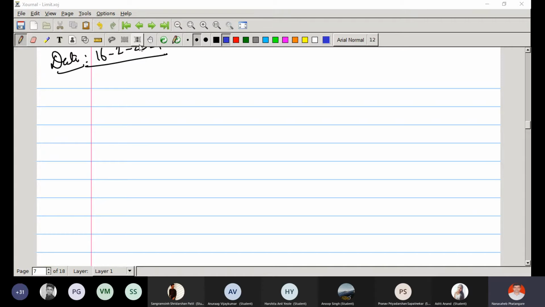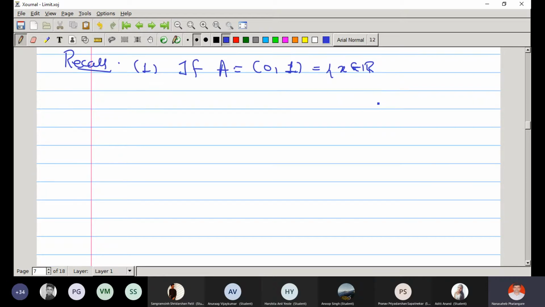So, for example, what we discussed, if set A is equal to interval (0, 1), right? So interval (0, 1) means those real numbers for which 0 < x < 1.